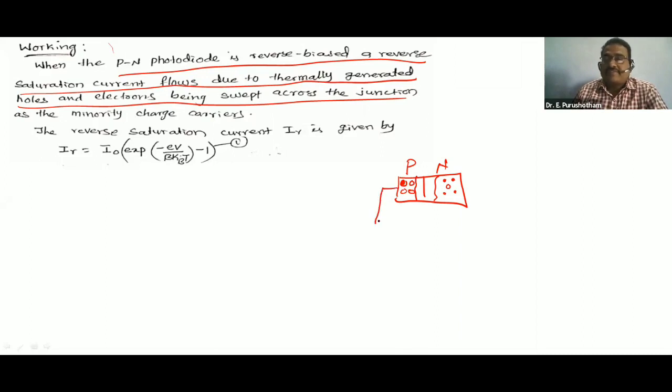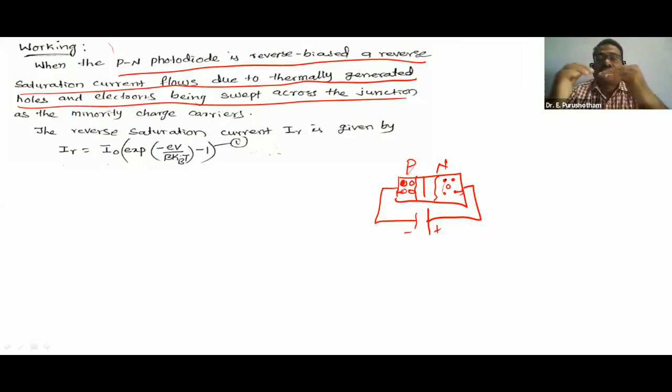In N-type, majority carriers are electrons and minority carriers are holes. If the P-type semiconductor is connected to the negative terminal of the battery and the N-type to the positive terminal, due to the attraction between holes and the negative terminal, the holes move away from the junction, and the electrons also move away from the junction. So the electrons and holes cannot move across the junction or depletion layer.